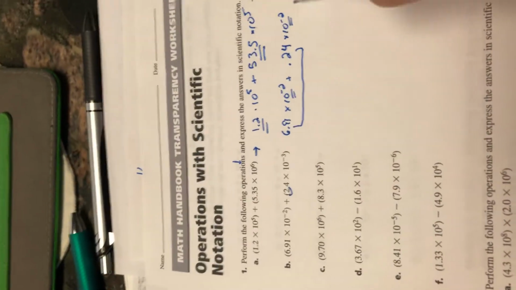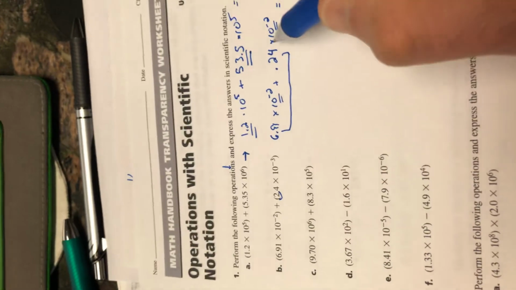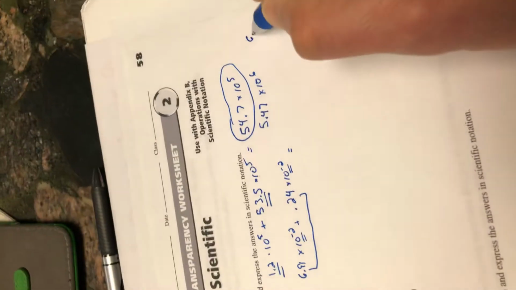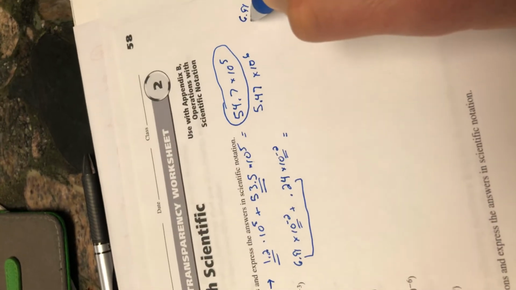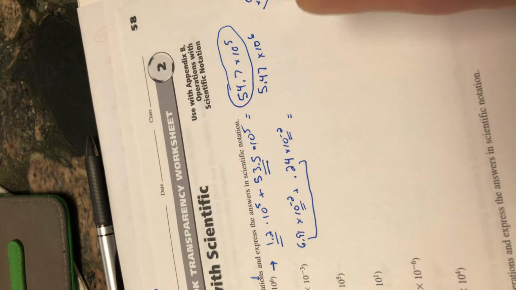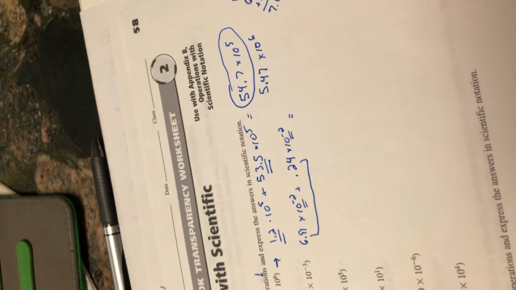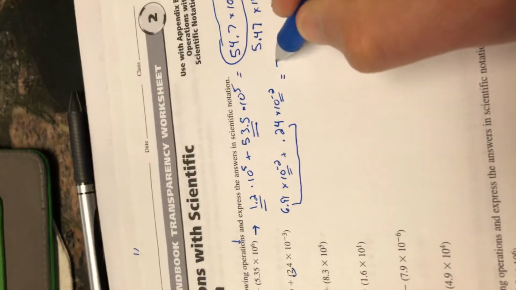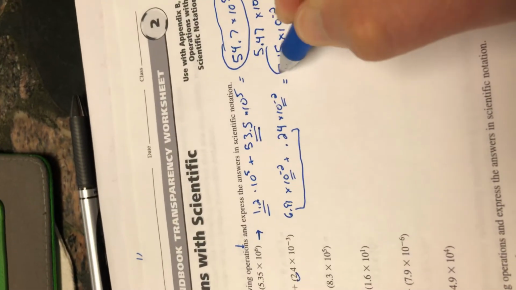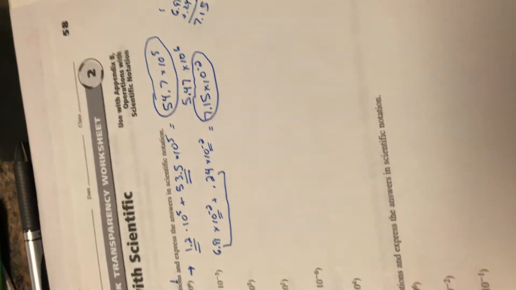That's using my distributive property. And 6.91 plus 0.24, kind of do that on the side, we line them up. That would get me 7.15. And the nice thing about this, I'm already in scientific notation. Okay? And that's what you need to do.